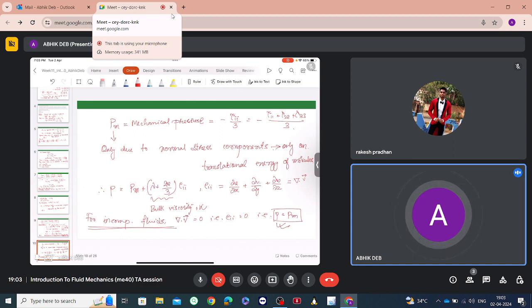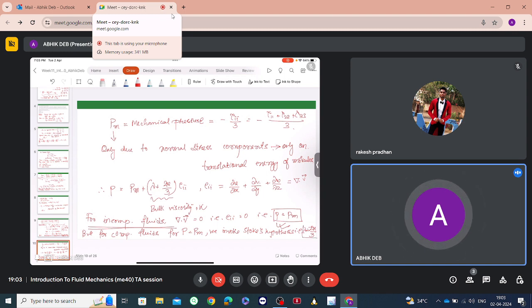But if the fluid is not incompressible, for compressible fluids, for P equal to Pm, we invoke Stokes hypothesis, that is lambda is equal to minus 2 mu by 3.